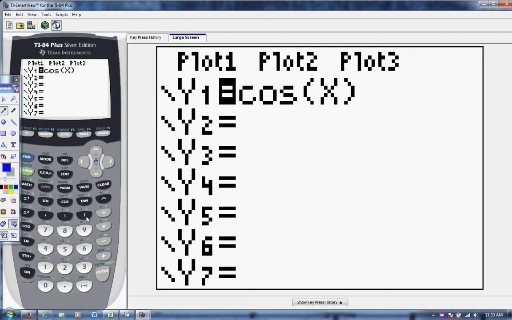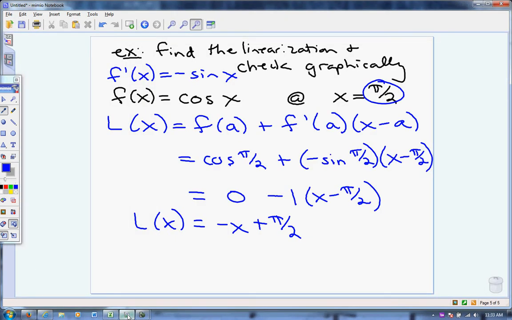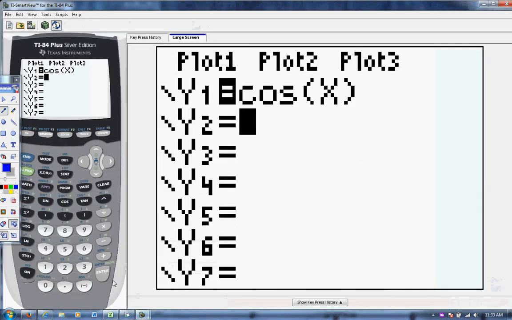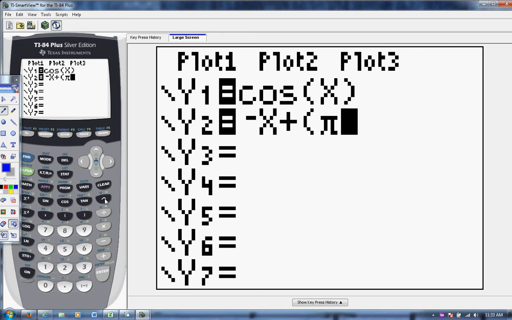And then my linearization, which was negative x plus pi divided by 2.